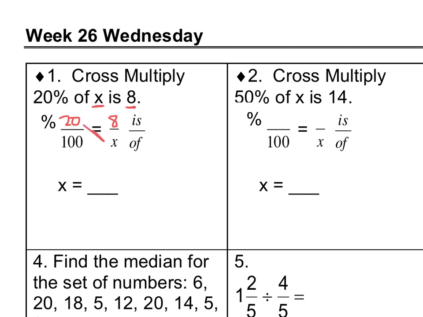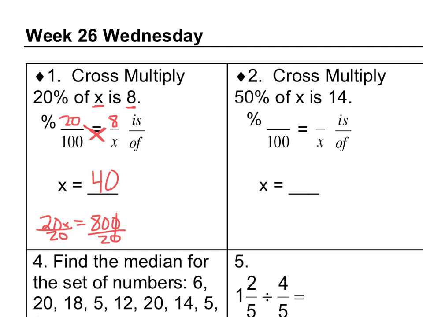Then you cross multiply: 20x equals, and then 8 times 100 is 800. Now you're going to divide both sides by 20 to get x by itself, which is 800 divided by 20, which is 40. So x is 40. So pretty quick.